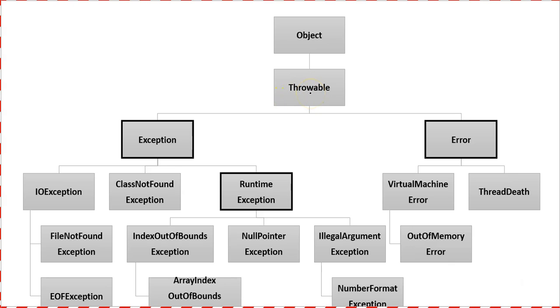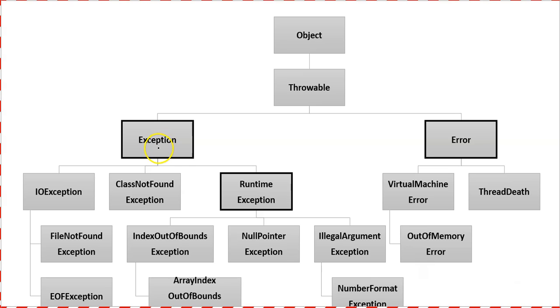When we use the throw statement, anything that comes after the throw statement has to be a subclass of throwable. Now errors are special in the sense that we can't usually recover from them. We will talk about recovery very soon. Exceptions we can recover from.